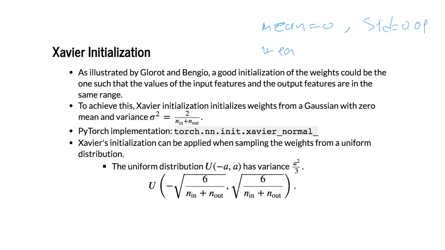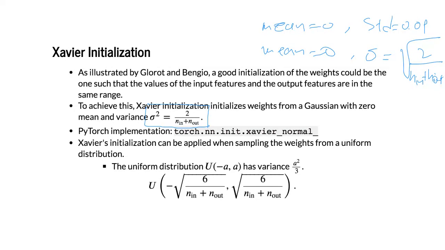Now you will use mean equals 0 and std would be the square root of 2 over n input plus n output. So this formula over here. n input is the number of input feature dimensions, and n output is the number of output feature dimensions.